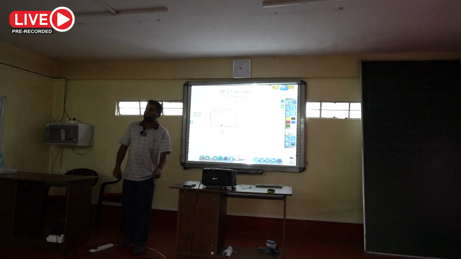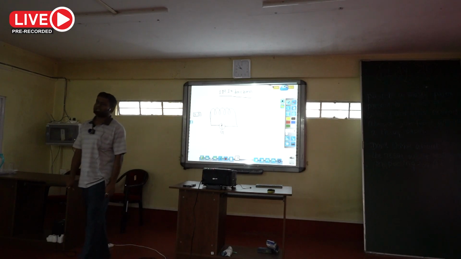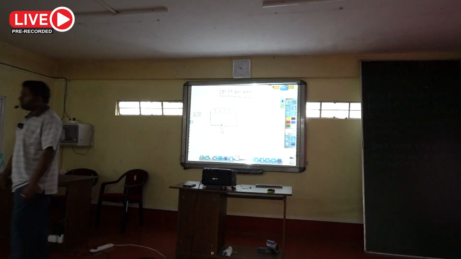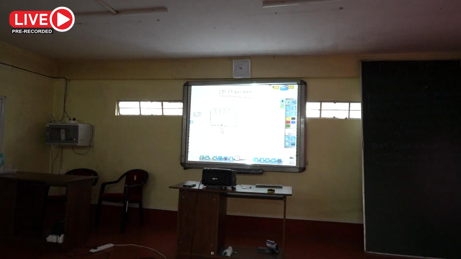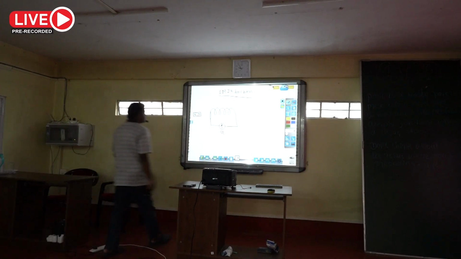And it shows that as long as the bar magnet is at rest with respect to the coil, there will be no deflection in the galvanometer. Means no current is induced. Now Faraday started to move this bar magnet towards this coil.